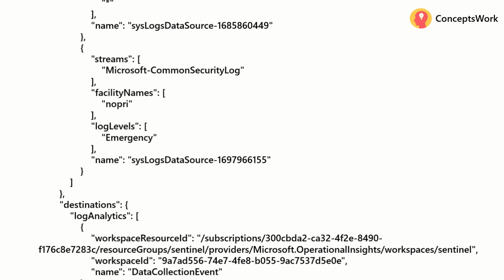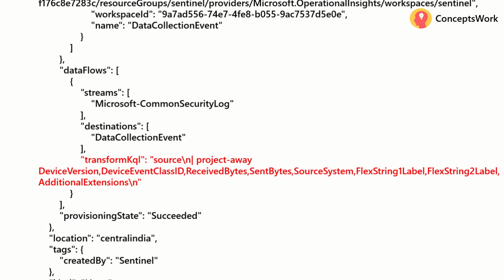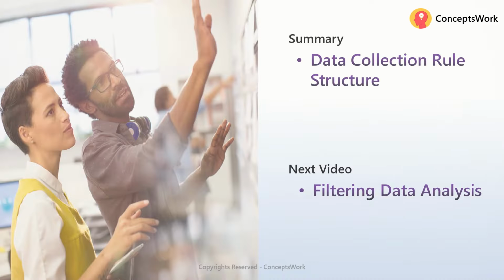And then comes the most important part, which is adding a transform KQL, or let's say a custom KQL query that we have written that should remove the data ingestion for certain columns. Okay, so I think now it's exceptionally clear in terms of understanding how the data collection rule structure is defined.